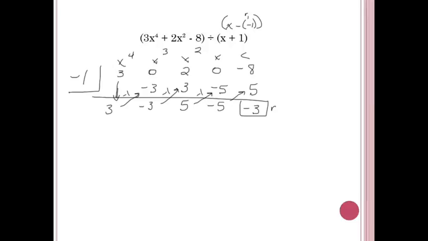Remember, these are lower powers of x, so this is now x cubed, x squared, x, and our constant. You go 1 power of x lower on all these terms.